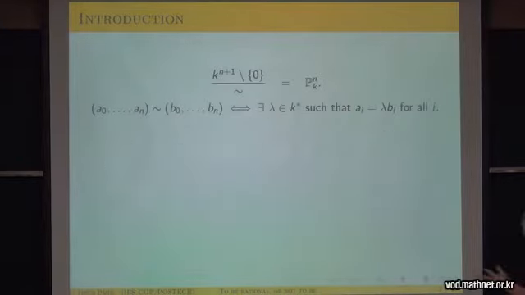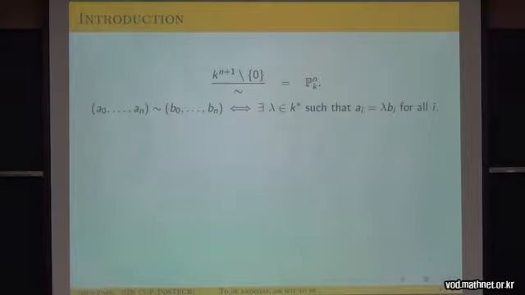First we define the projective space, which is simple. You consider affine n+1 space, delete the origin, and then take the quotient by this equivalence relation: two points are equivalent if and only if there is some non-zero constant satisfying this relation.